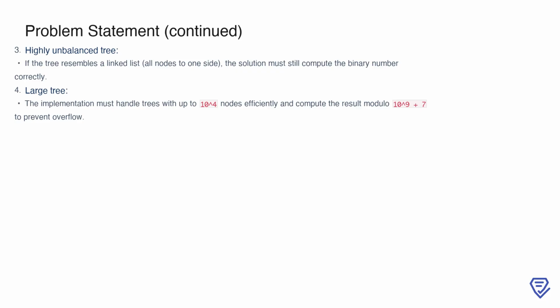If all nodes in the tree have the value 0, the sum will also be 0 regardless of the tree's structure. For highly unbalanced trees, where the tree resembles a linked list, we must still compute the binary number correctly. Finally, for large trees, we need to ensure our implementation handles the modulo operation efficiently to prevent overflow and return accurate results.